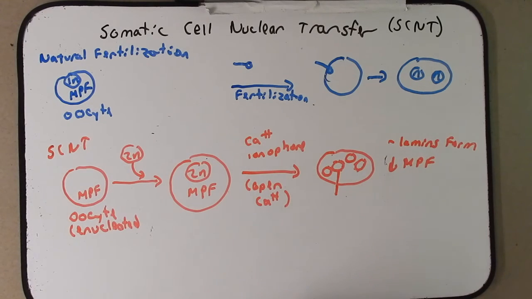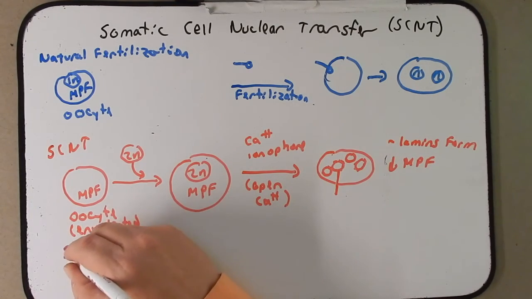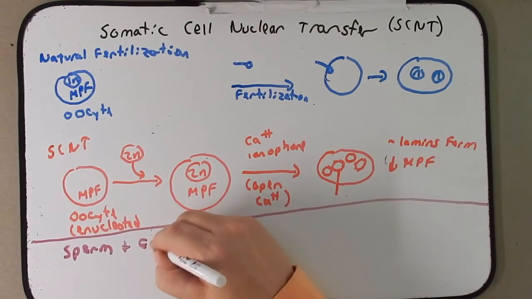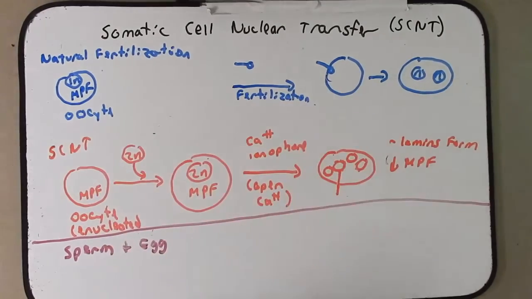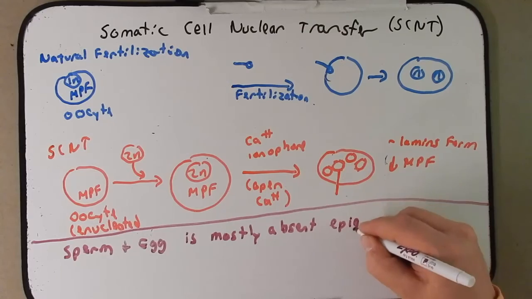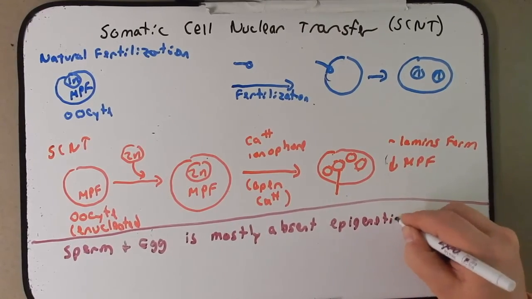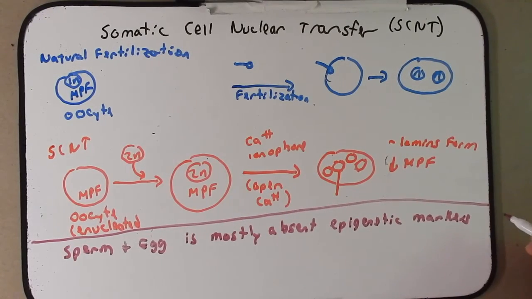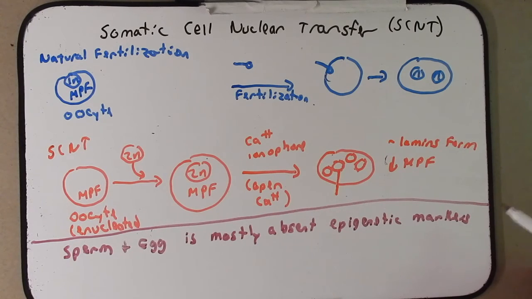I want to make a couple notes down here just to remind ourselves. Remember that the sperm and egg up here, through this process, are mostly absent of epigenetic markers, with the exception of imprinted genes. Remember, as they are made, it reverses or demethylates the genome except for those imprinted genes.